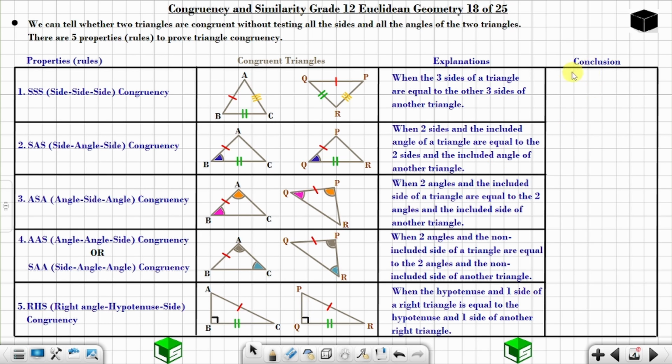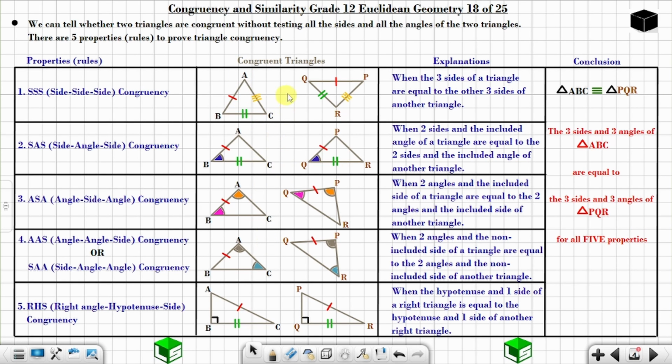So, in conclusion, triangle ABC is congruent to triangle PQR. It means the three sides and the three angles of triangle ABC are equal to the three sides and three angles of triangle PQR for all five properties.